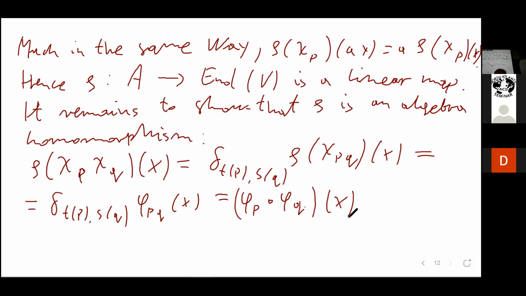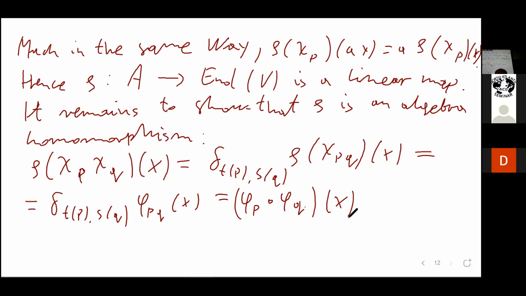So phi p applied to it will be 0. So this is what will happen. This is this Kronecker's delta factor. So if the end of P is not the beginning of Q, then by the definition of phi's, we'll also have 0. So now what happens when the end of P is equal to the beginning of Q, then this Kronecker's delta is 1.